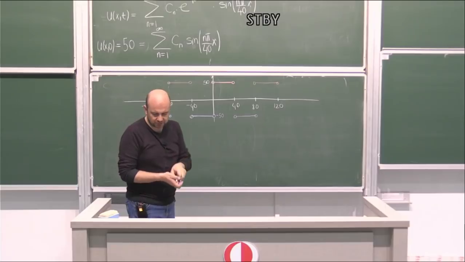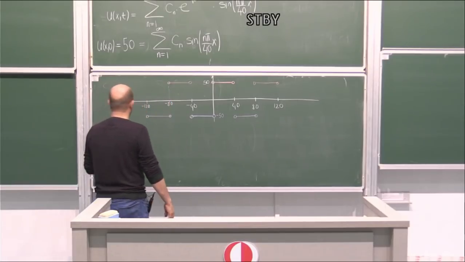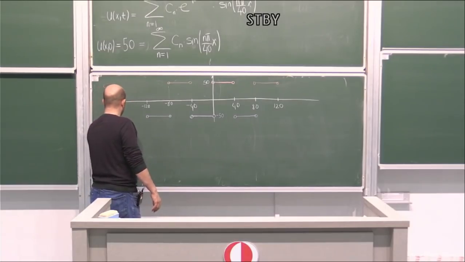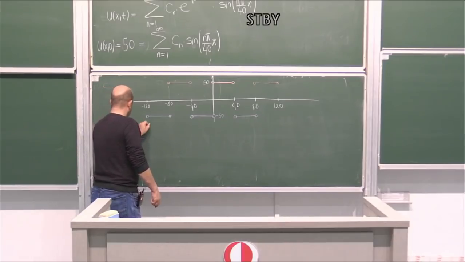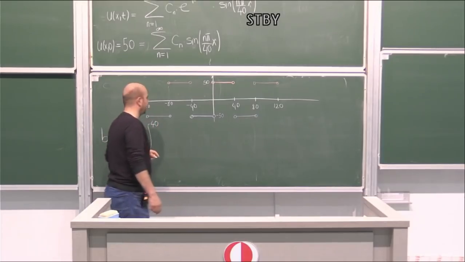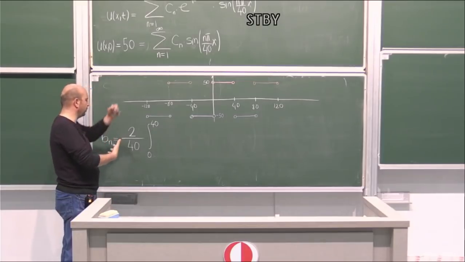Now, for this we need to compute the bn's, because the an's are all 0. So what is going to be bn? Bn is going to be 2 over L, which is now 40. I need to integrate from minus 40 to 40.